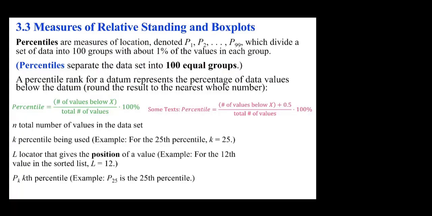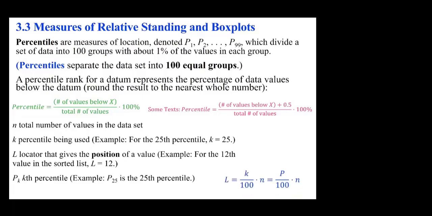N is the total number of values or the sample size or even the population size. K is the percentile, like P sub K, if you will. L is the locator. Where is it located? For example, for the 12th value in the sorted list, remember it has to be sorted, L is 12, and P sub K or Kth percentile, for example, P25 is the 25th percentile. Now look at the formula.